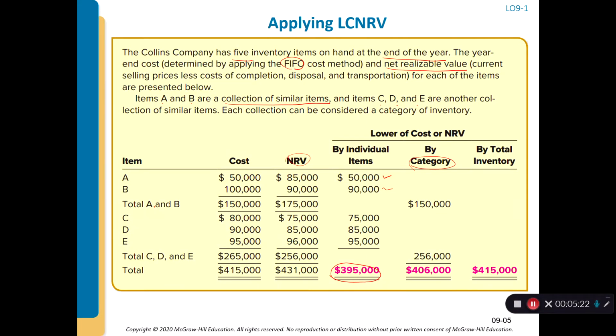Since A and B added up together have the cost still lower, you pick the cost by category. Comparably, for the CDE group, the NRV is 256 and cost is 265, so they pick NRV for that group. The resulting lower of cost and NRV is 406,000. You can also compare in total for the whole inventory.